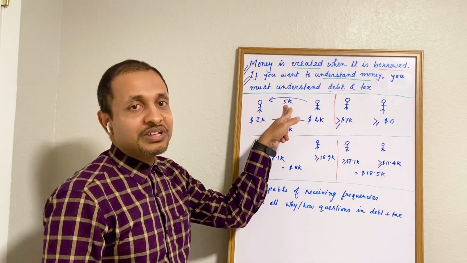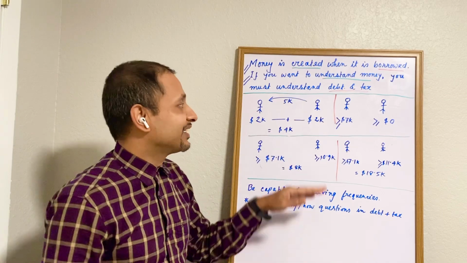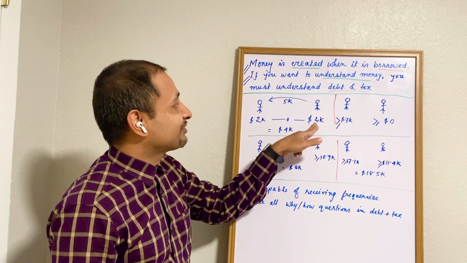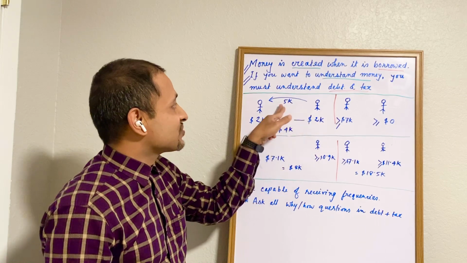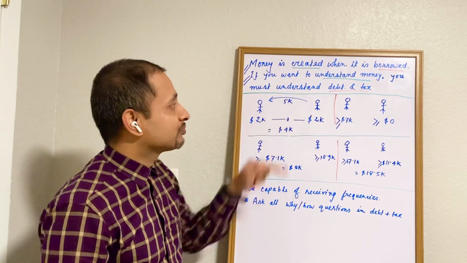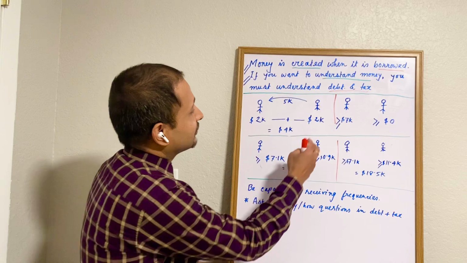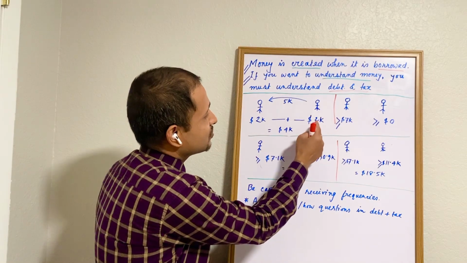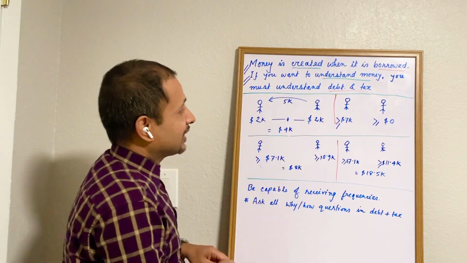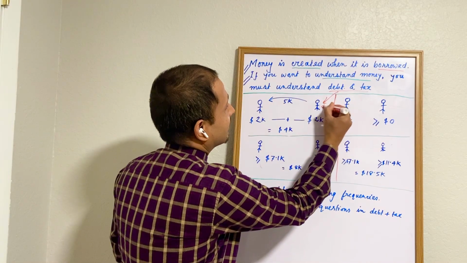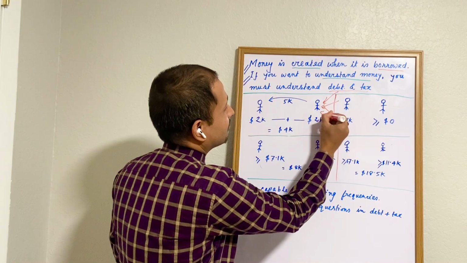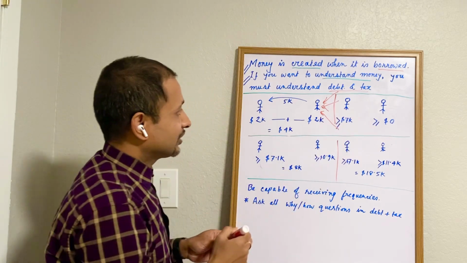Now you might be wondering, hey, wait a bit, stop over here. This person has only $2,000. How can he lend $5,000, right? Well, this person doesn't necessarily need to have $5,000. He can also get it from outside, from a lot of people or a lot of companies.